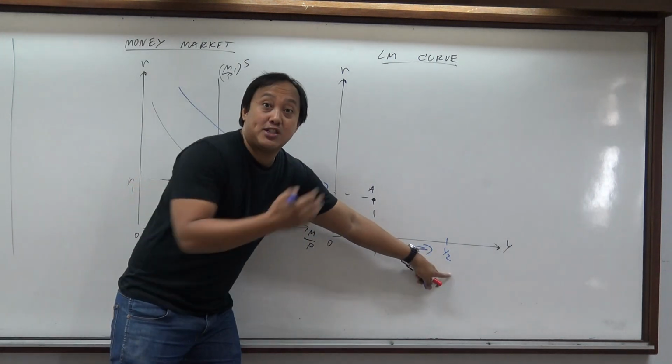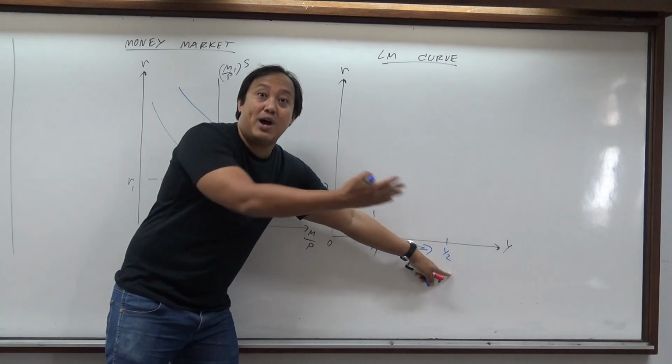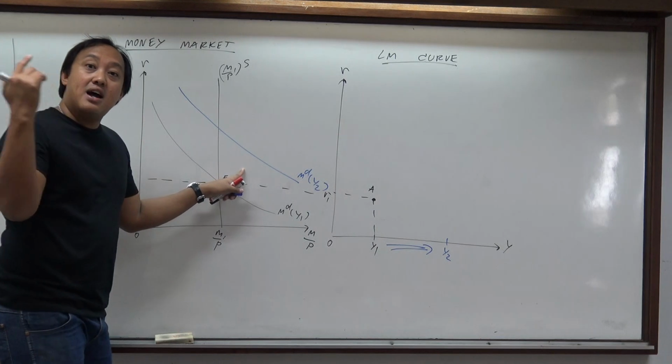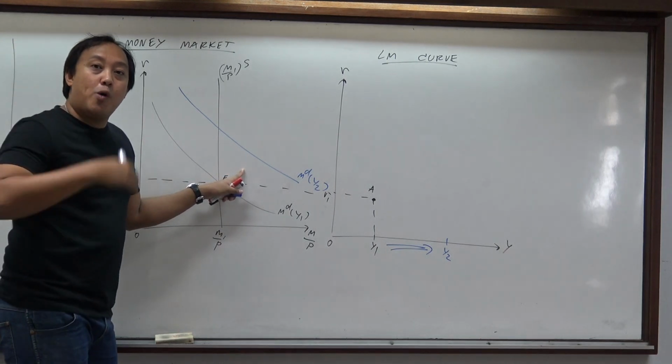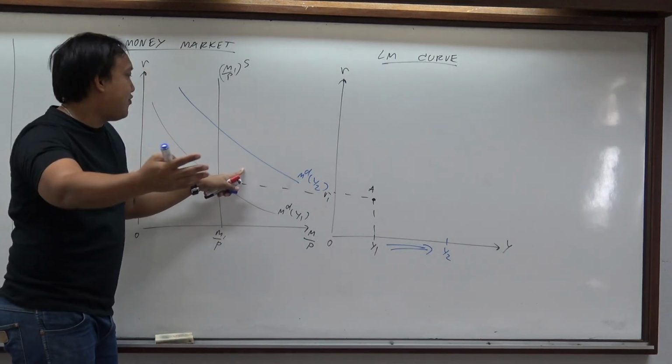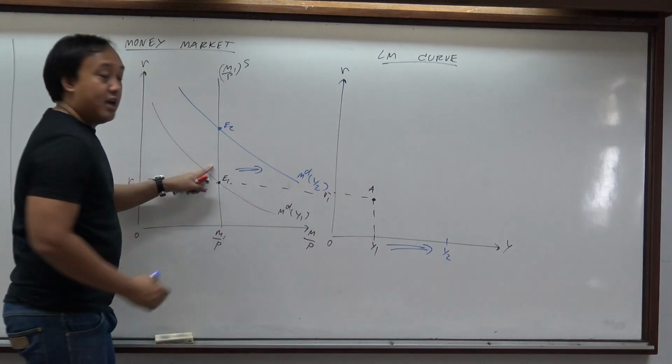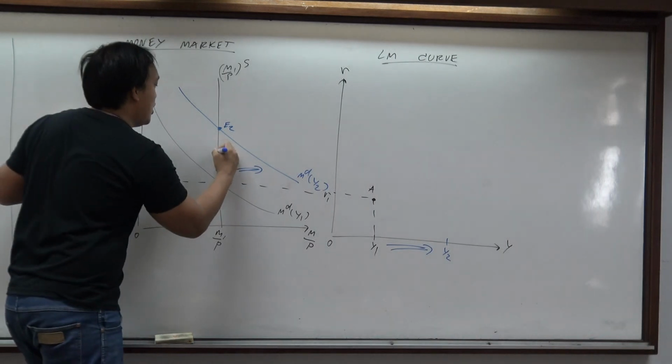Y2 is to the right of Y1, which means Y2 is higher than Y1. GDP gets higher, people want to hold more money in the pocket, money demand shifts to the right, and the equilibrium point goes up from E1 to E2.